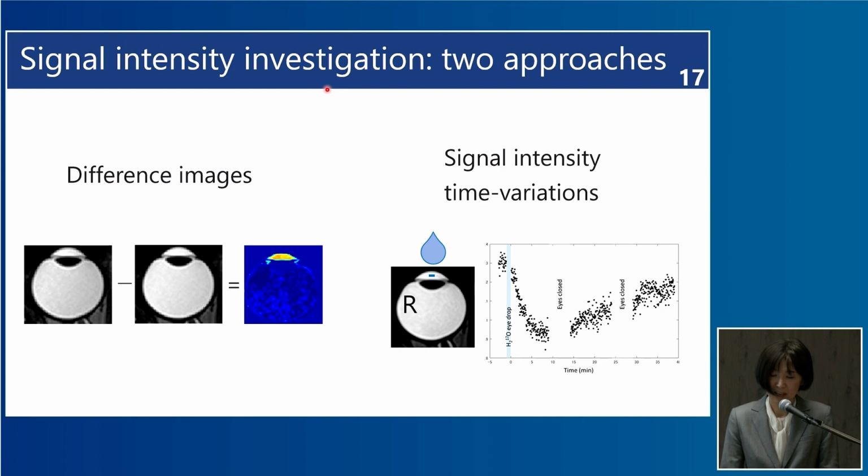To investigate signal intensity of the images, two approaches were conducted. One was creating difference images, while the other focused on calculating signal intensity time variations.